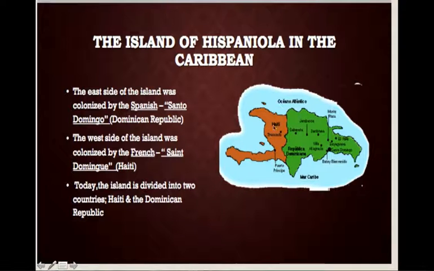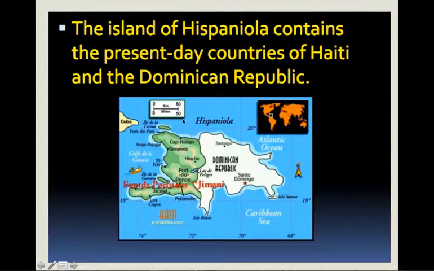We've been focusing on the western part of the island of Hispaniola, which is today Haiti, and back then it was called Saint Dominique. So Santo Domingo is the green, which is today DR, and Saint Dominique is the orange, which is today Haiti. And here's just another picture of it, again showing the east side is Dominican Republic, and the west side, the green, is Haiti.